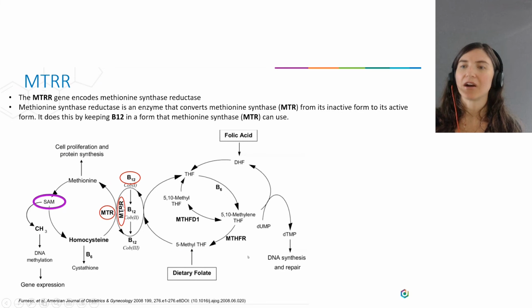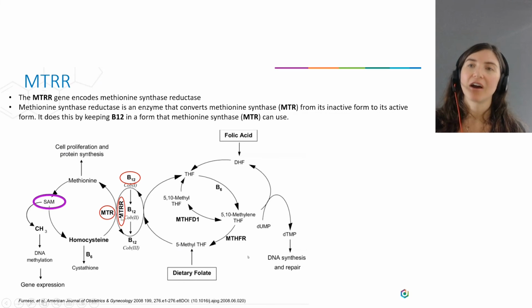So MTRR, this is methionine synthase reductase. And methionine synthase reductase, its job is to convert methionine synthase from its inactive form to its active form. And how does it do it? It makes sure that B12 is in the form that methionine synthase can use.